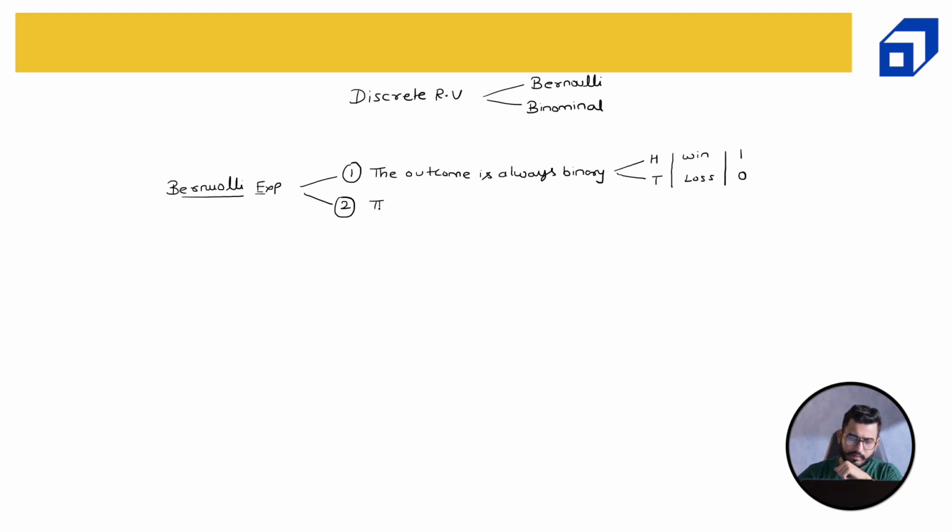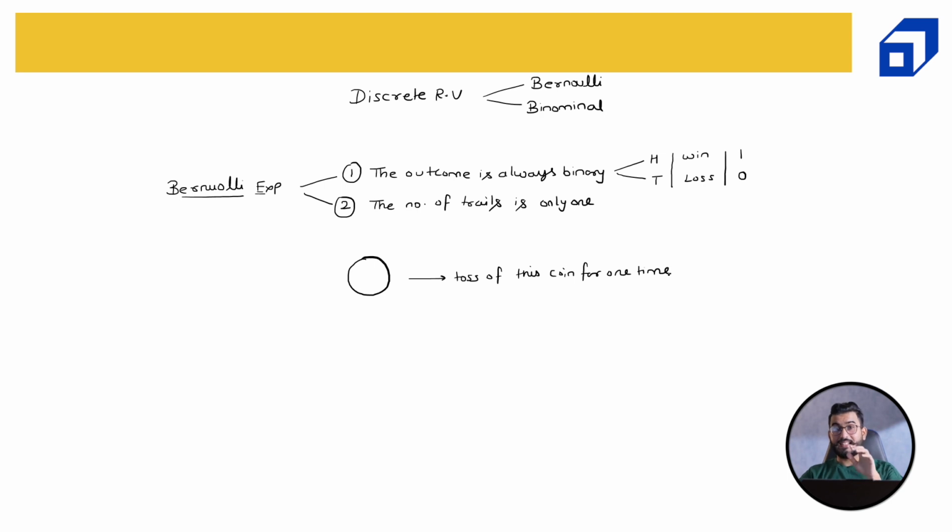The number of trials is only 1. So for example, let's say I have a coin and I toss this coin one time.